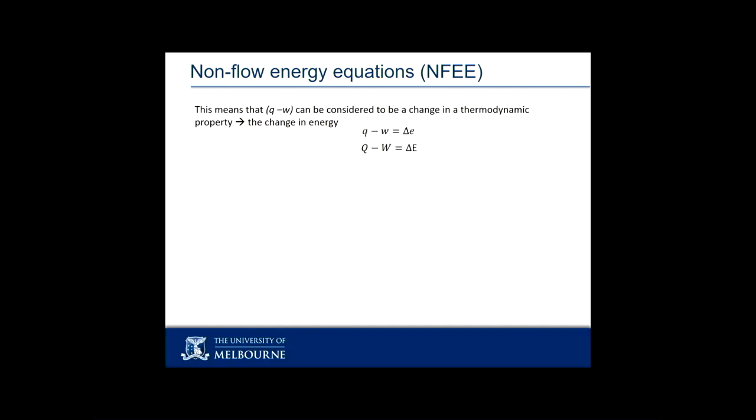What is up there is the conservation of energy, and it's written now with the difference between the heat transfer and the work done is the change in the energy of my system. So, I'm going to write that again.